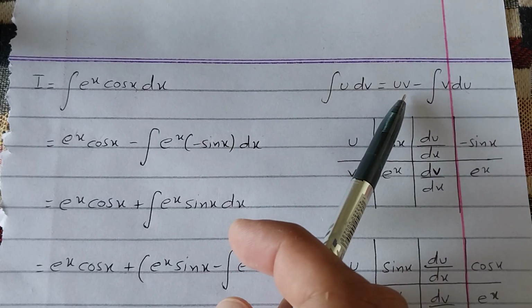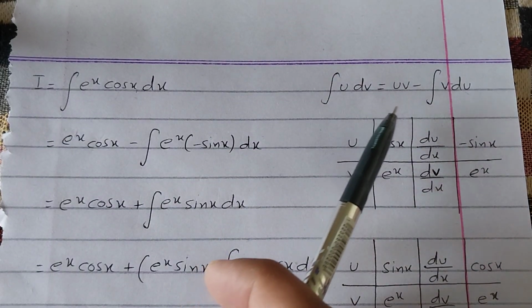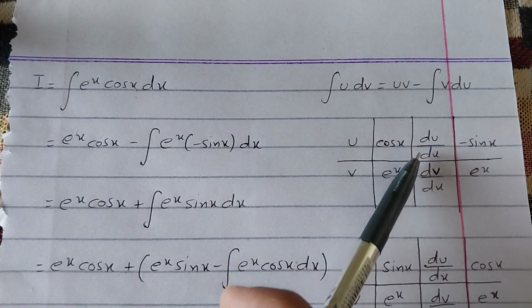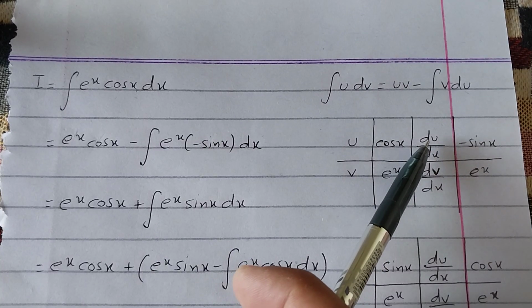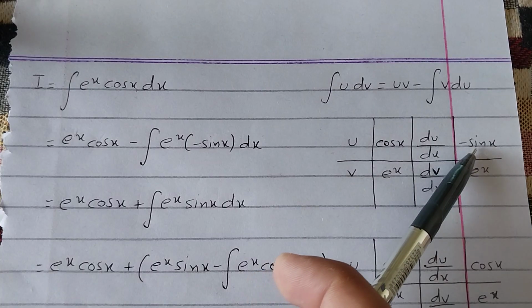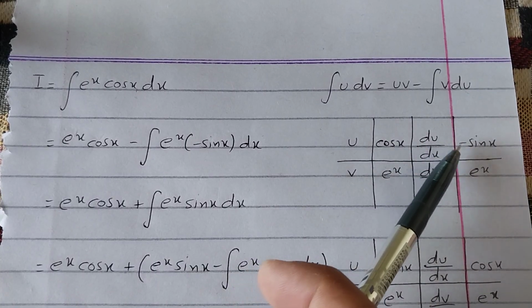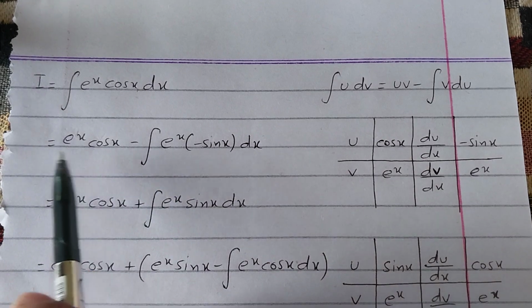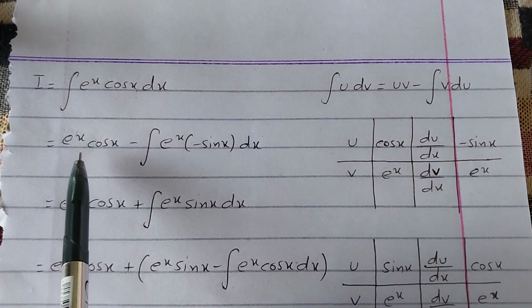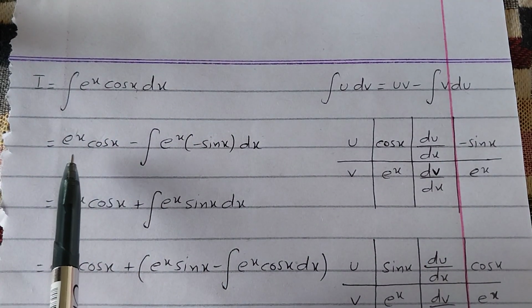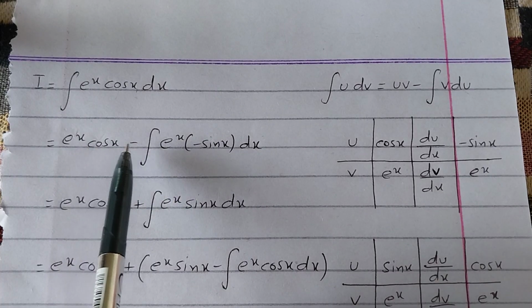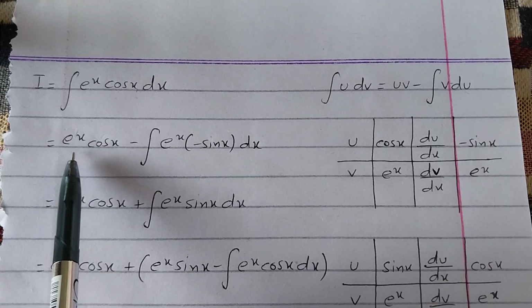So we needed v, which we have now, and we needed du, and we can find du from du by dx by simply cross multiplying. So du will be minus sine x dx, because du by dx is equal to minus sine x. So this integral, which we have called I, is equal to uv, where u is cos x and v is e to the x.